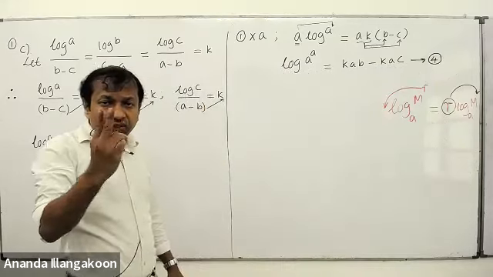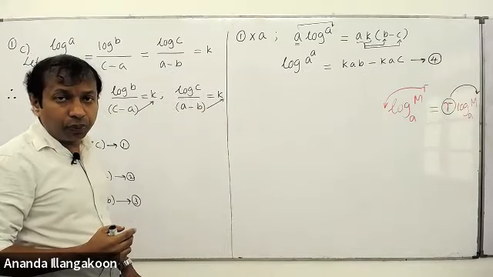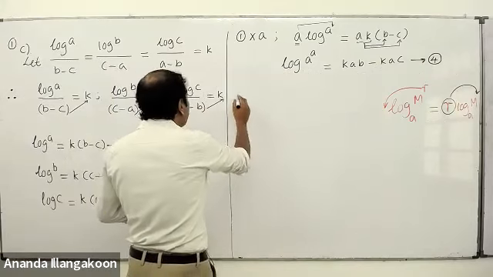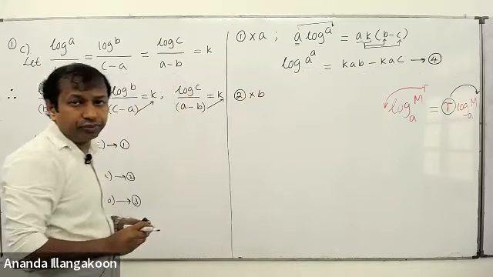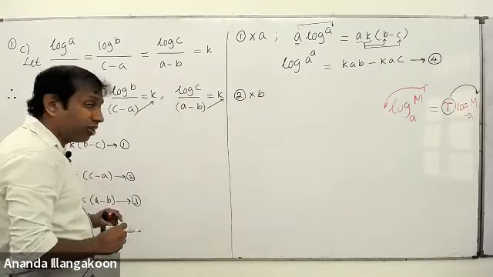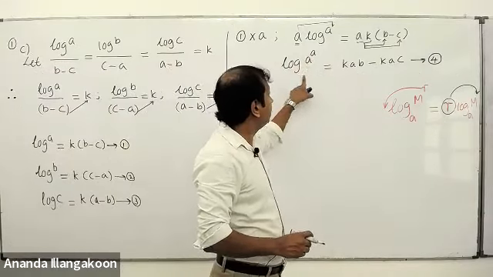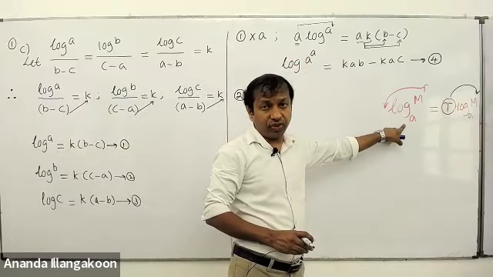Now another two more equations we are supposed to take. How? Number 2 we multiply by b. Both sides we multiply by b, and doing this same thing, we take our equation number 5.